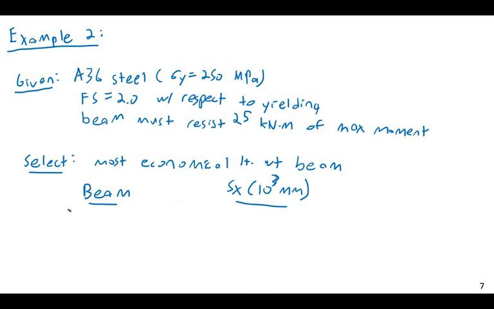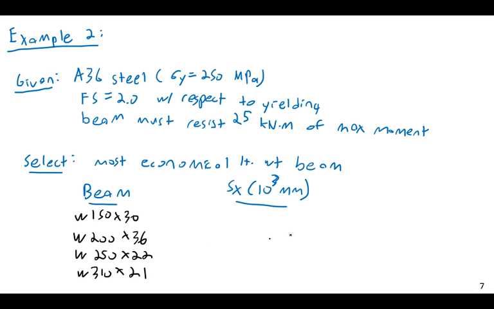So I have W150 by 30, W200 by 36, W250 by 22, and W310 by 21. And the SX are 218, 342, 227, and 244.